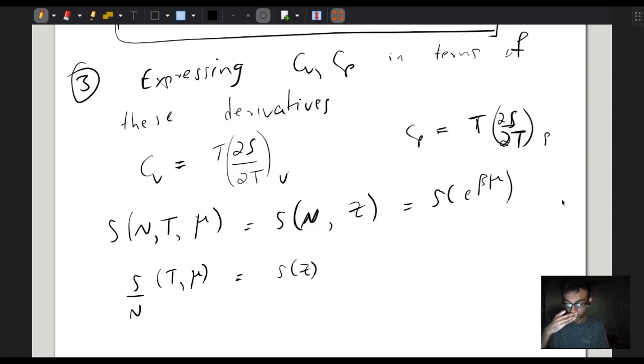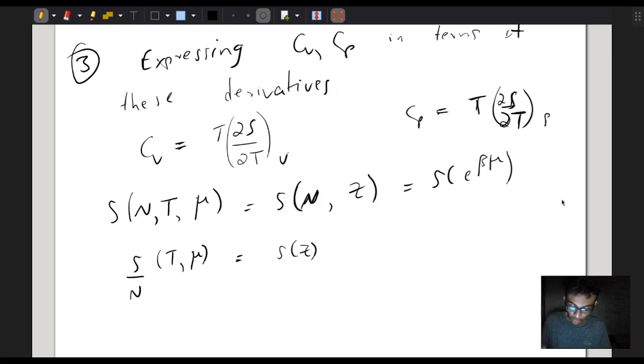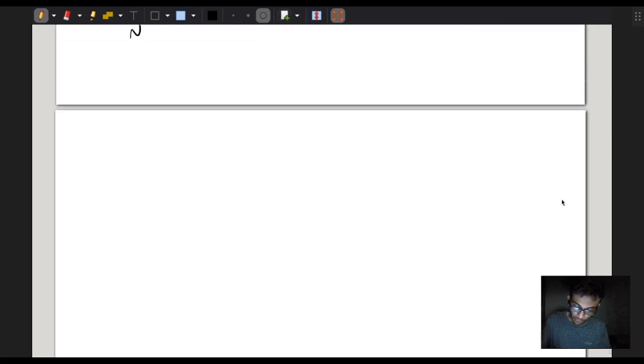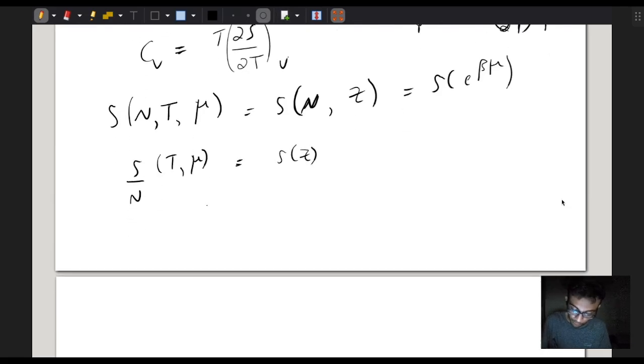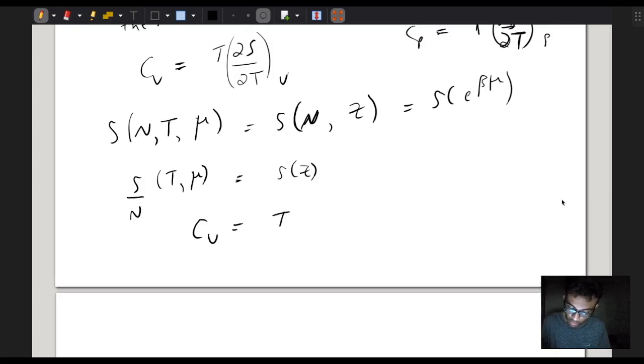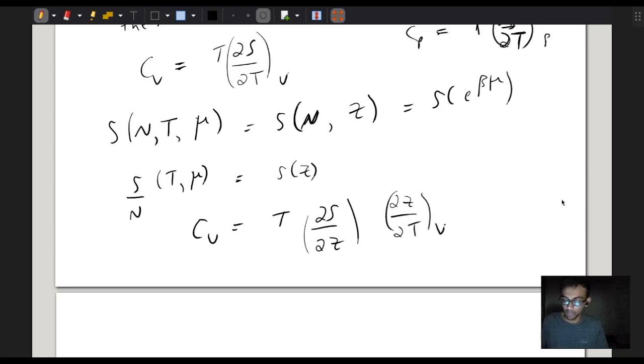So now we can use this to write that CV is T times dou S by dou Z times dou Z by dou T at constant volume. The function S depends on temperature only through fugacity.